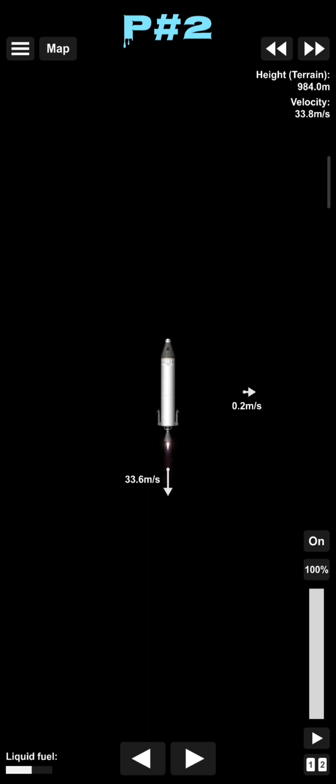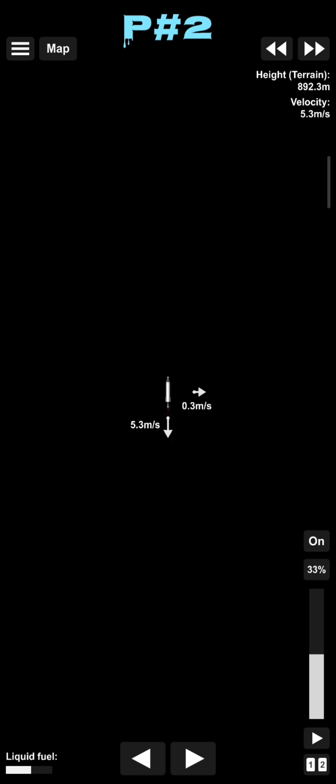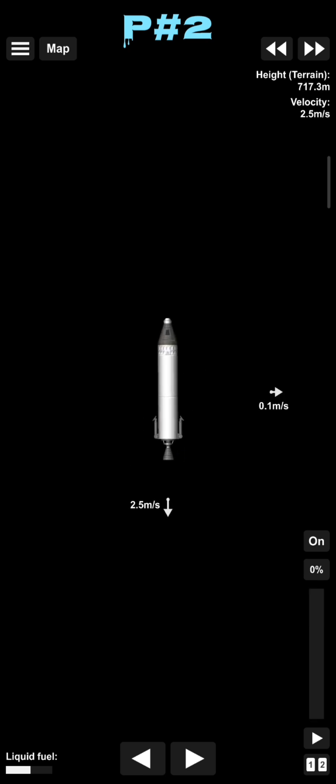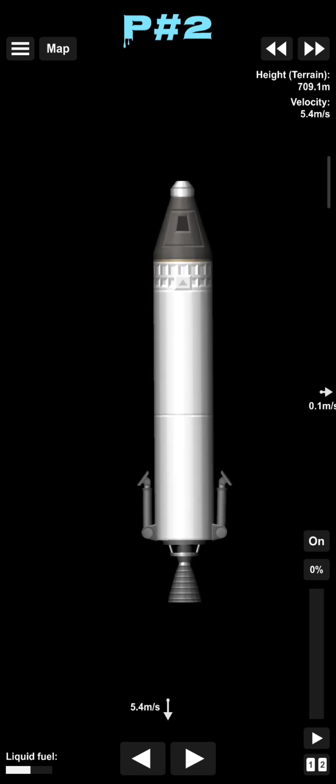At the moment, we are at the height of 1 kilometer from the moon. It's time to open the landing legs.